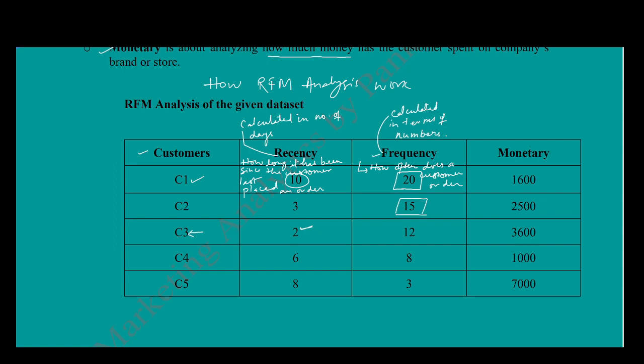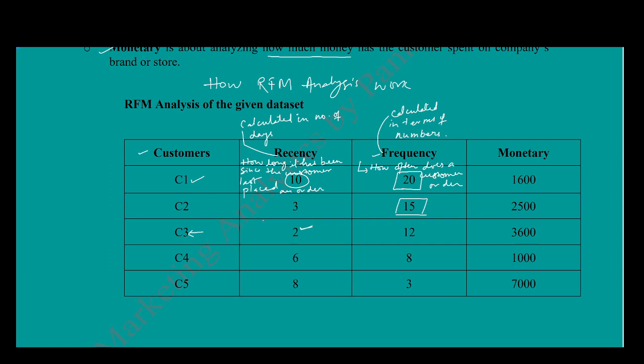So we will have a limit of the time period. For example, we may have the last 1 month as a time period or 1 quarter as a time period. Whatever it is, during that particular duration, we will see and count how frequent these customers were.